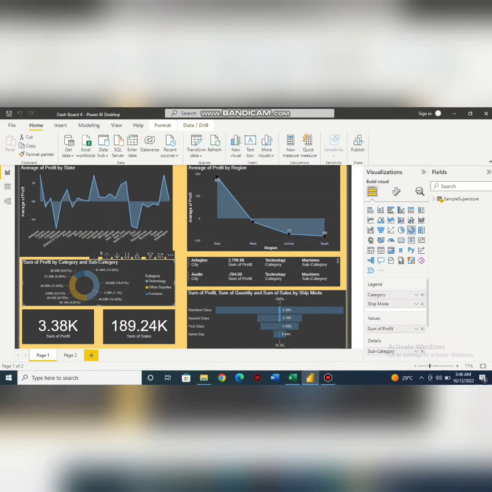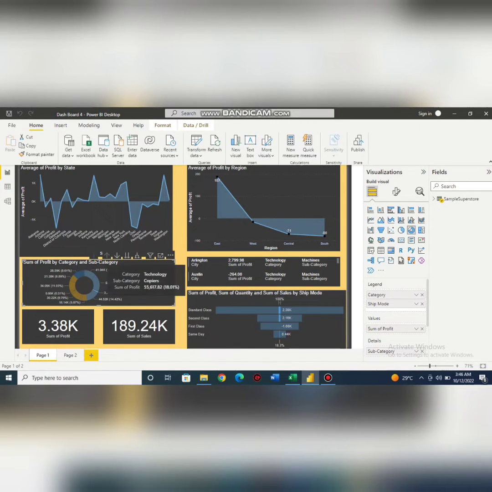Now we can see here that in the machines subcategory, in the category of technology, the profit is very low, overall 3.38k dollars, which means 3,000 something dollars, which is very low. This profit is of all the states of United States, which is low.